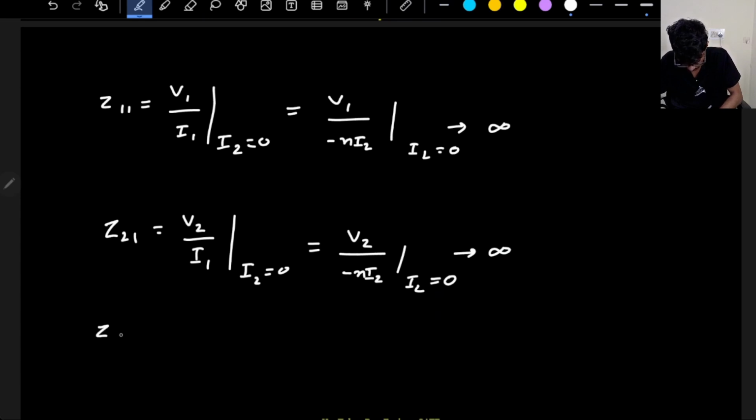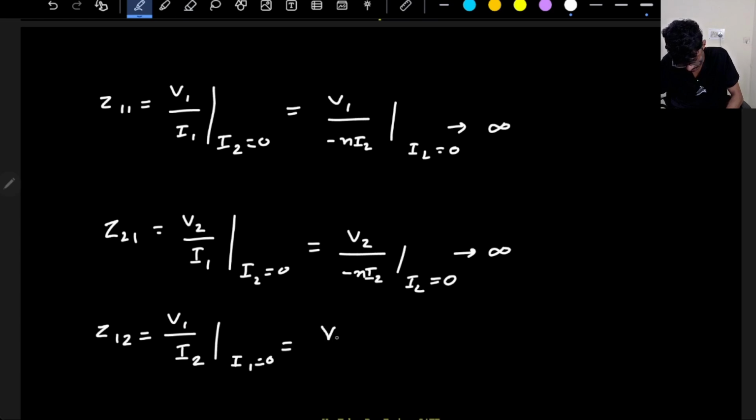Then I have Z12. Z12 equals V1 by I2. Same thing will happen, that you will make I1 0.